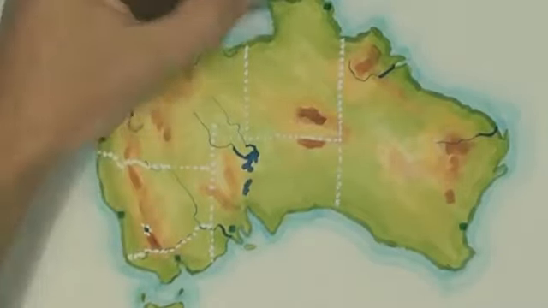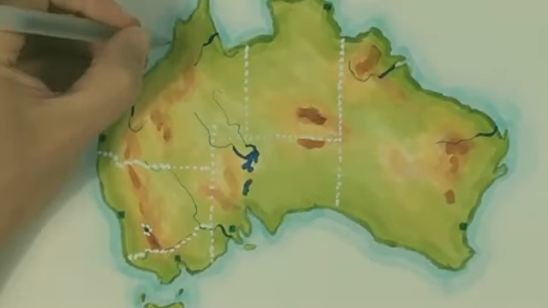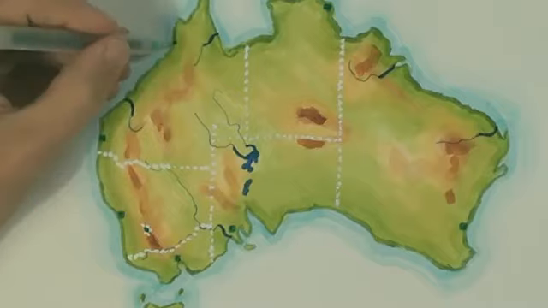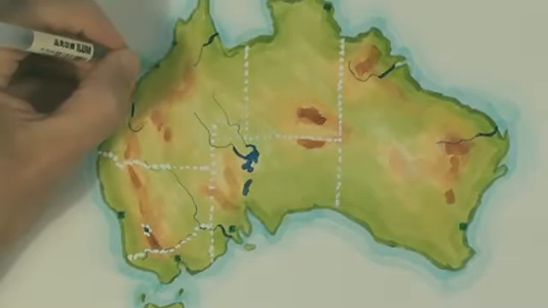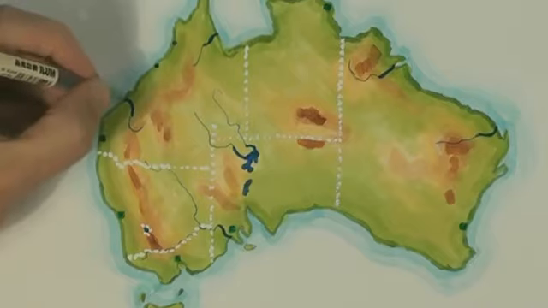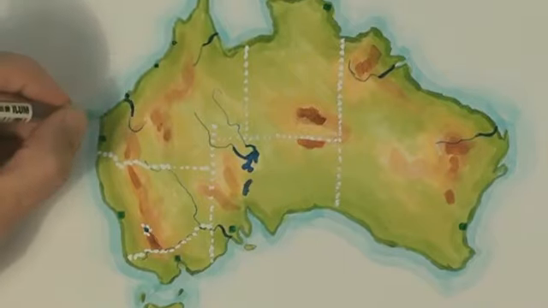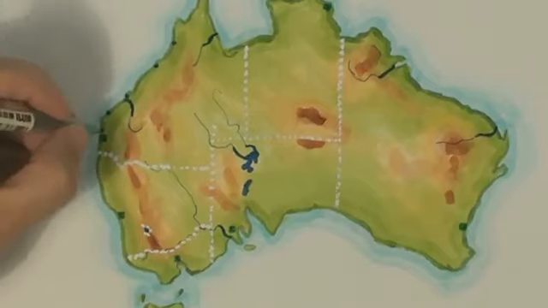Let's point out some more towns, cities, whatever, in the north. We have Townsville, and north of Brisbane we have the Sunshine Coast, and then the Gold Coast.